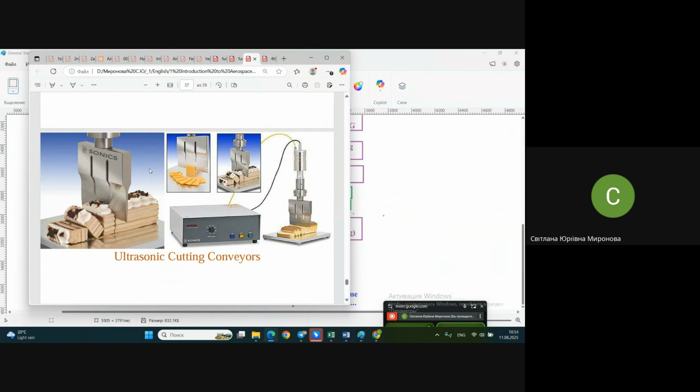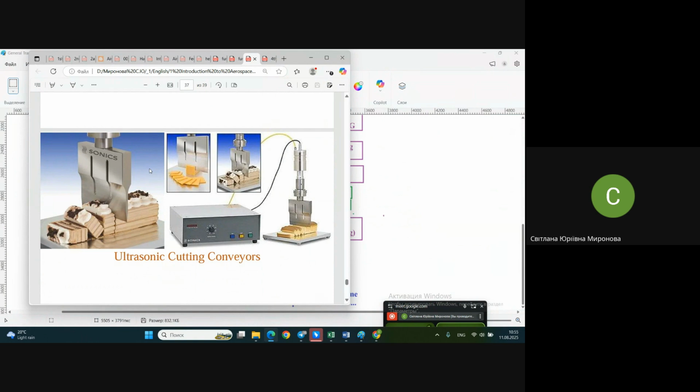But both ultrasonic welding and ultrasonic cutting are able to work with any material. I placed it here on purpose. What do you see? Cheese, biscuit, cookies. It may be used for cutting practically everything, fragile, of any material, in any conditions, no problem.